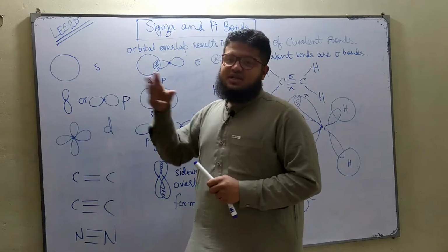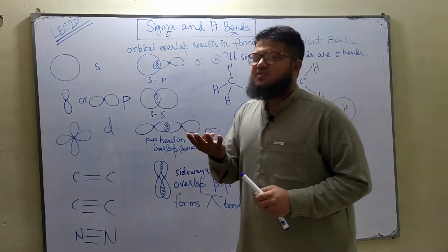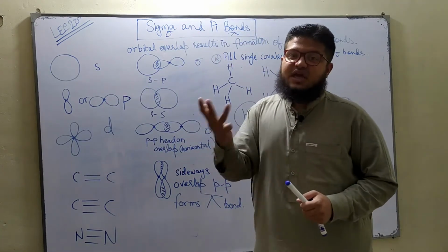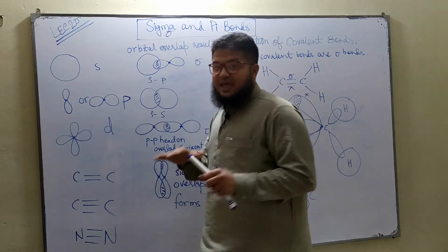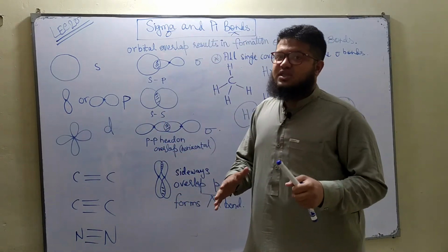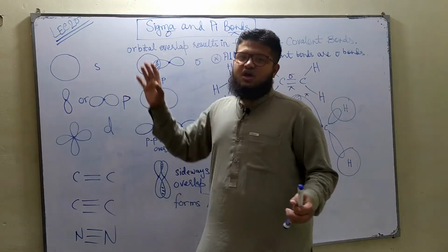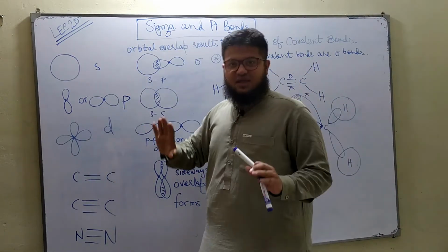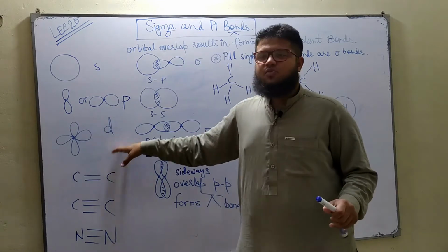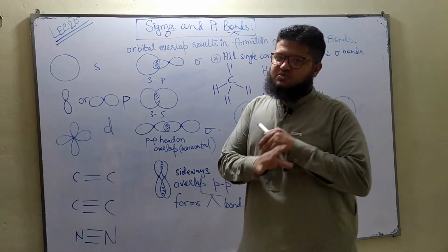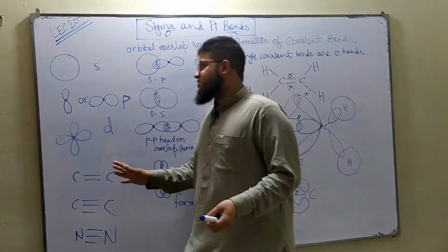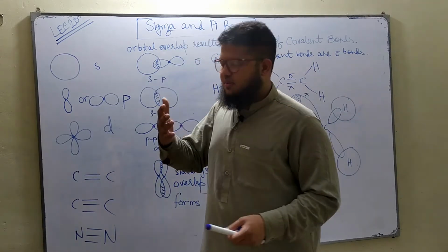The four types of orbitals we've studied are S, P, D, F. But in AS you are not supposed to study the D and F shapes. The S and P shapes are more than enough. The D shapes will come in A2, and F shapes are not in the syllabus because they are a bit complicated.